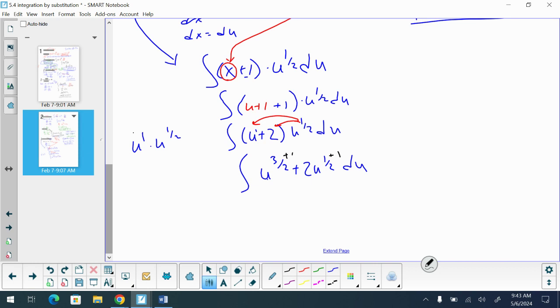Add 1, add 1. So we have 1 over 5/2 u to the 5/2 power plus 2 divided by 3/2 u to the 3/2 power plus c.